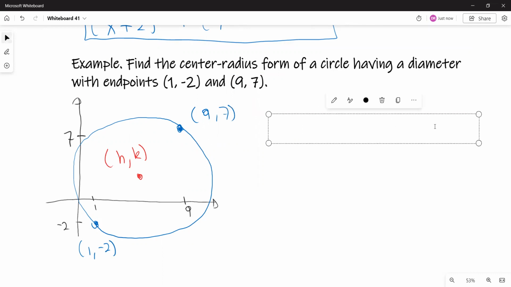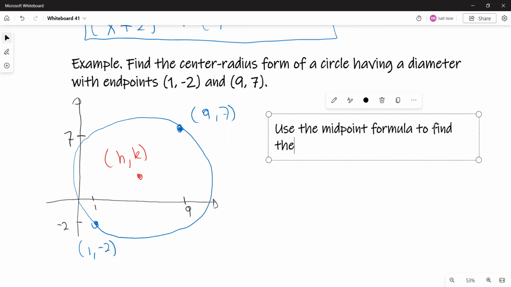And once we find the center, we're going to use the distance formula to find the radius. Okay, so the center is going to be the midpoint of that diameter.